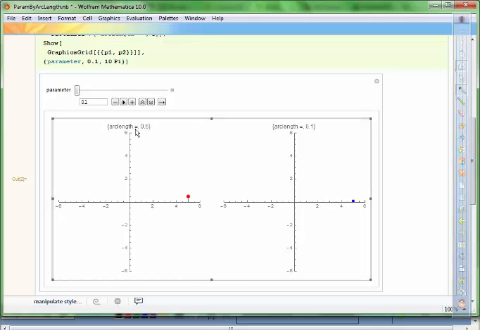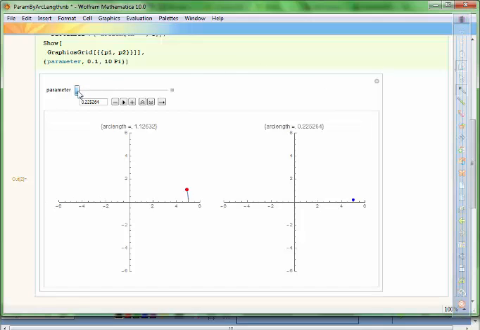This graph is going to measure the arc length as I move my parameter, and this graph is also going to measure the arc length as I move this parameter. So I'm going to start moving the parameter to draw out the circle and at the same time measure the arc length. You can see the graph on the left side goes a lot faster than the graph on the right side.